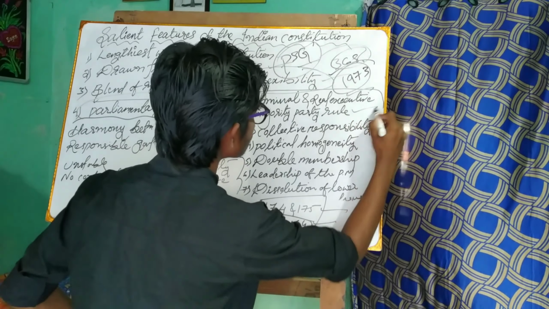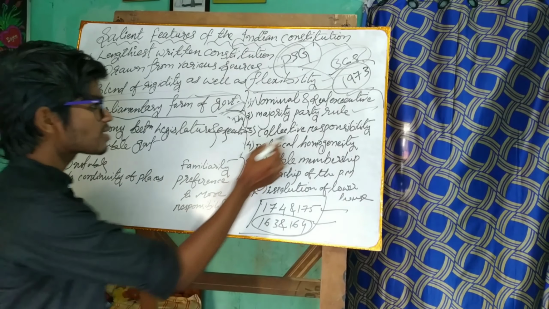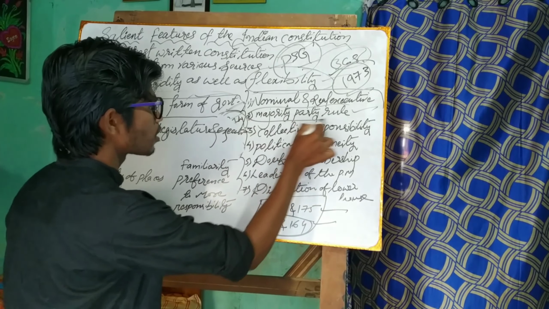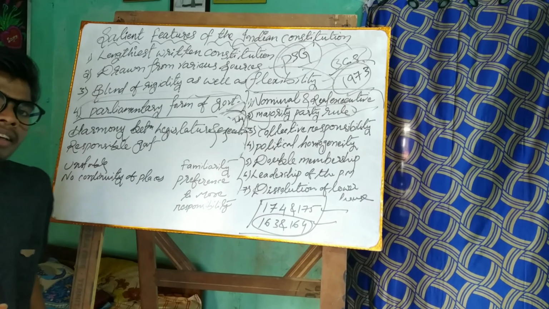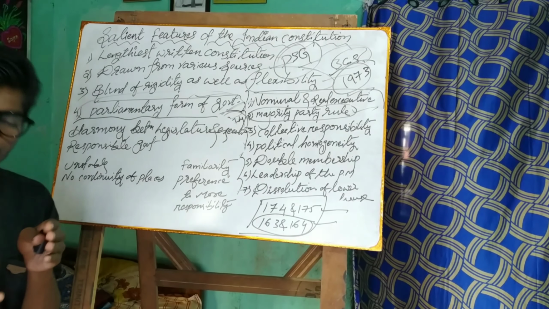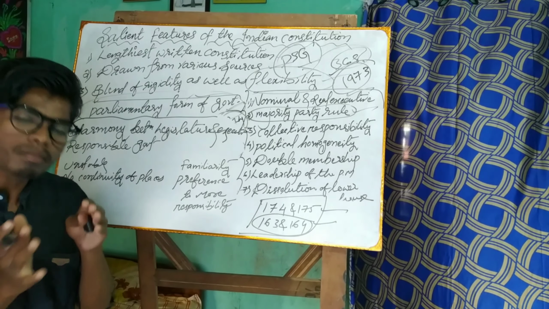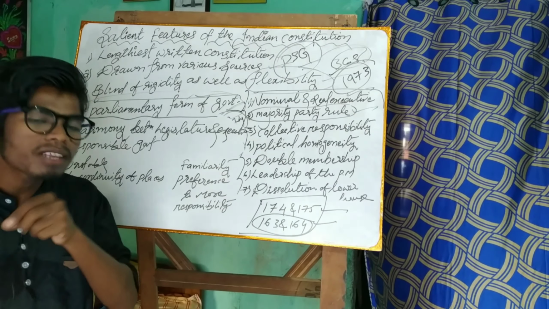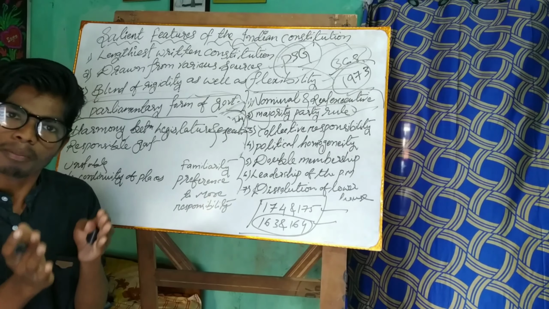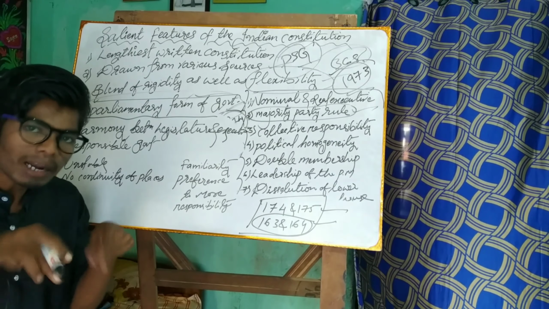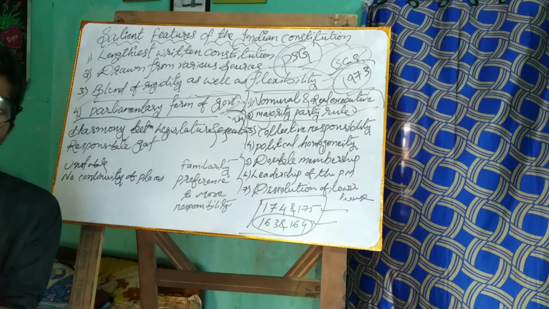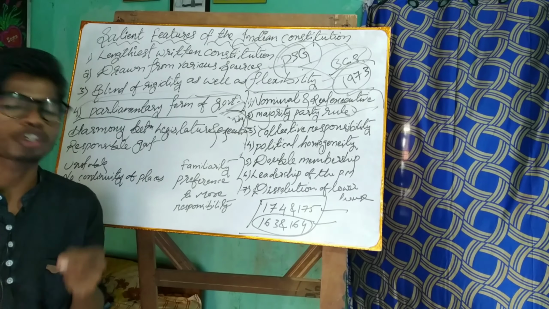Similarly, feature number 2 of the parliamentary system is majority party rule. The party which secures the majority of the seats in the Lok Sabha can form the government, and the leader of that party is appointed as the prime minister by the president.